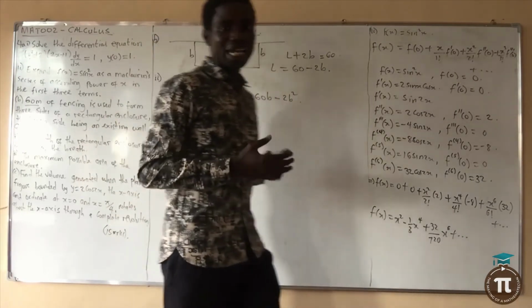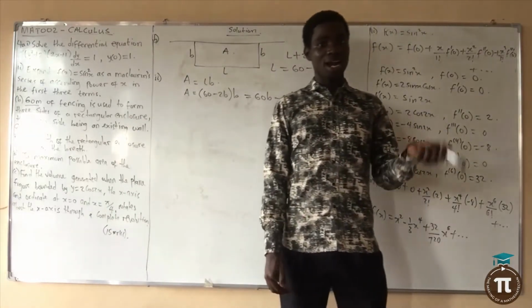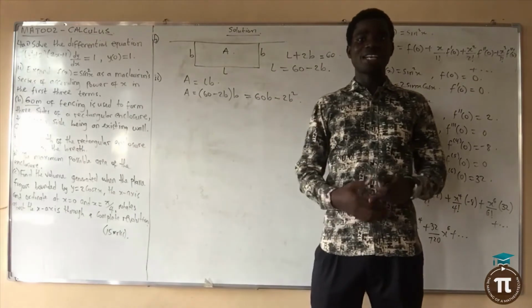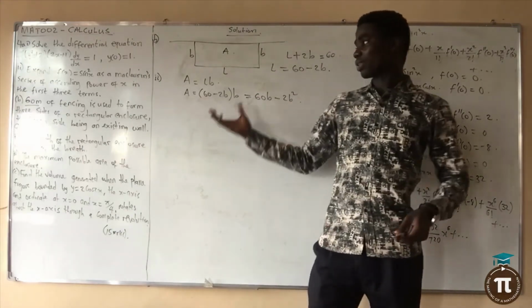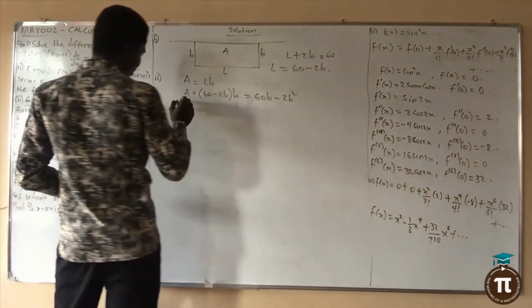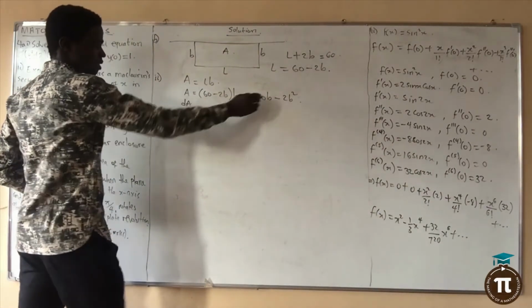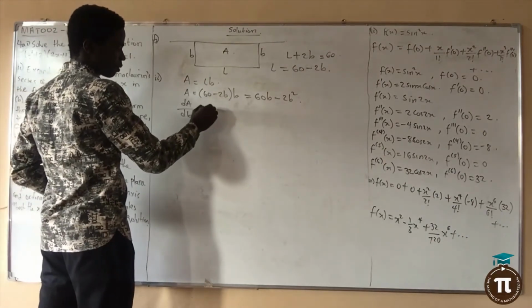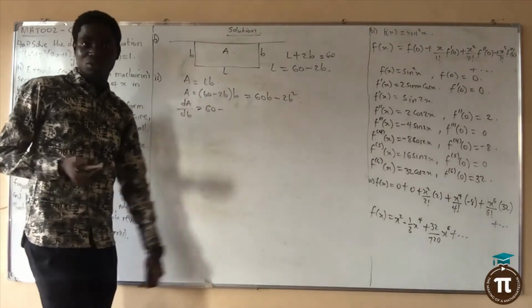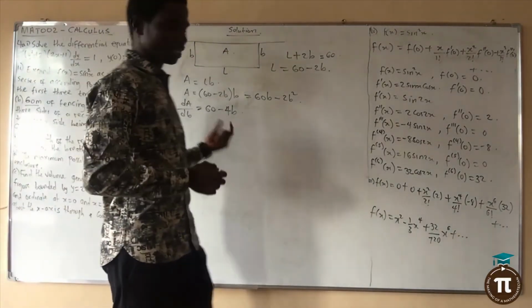In order to find maximum area, or even minimum area, the dA/db will be 0. So we'll differentiate this with respect to b. Differentiate 60b, the answer is 60, minus differentiate 2b squared, the answer is 4b.